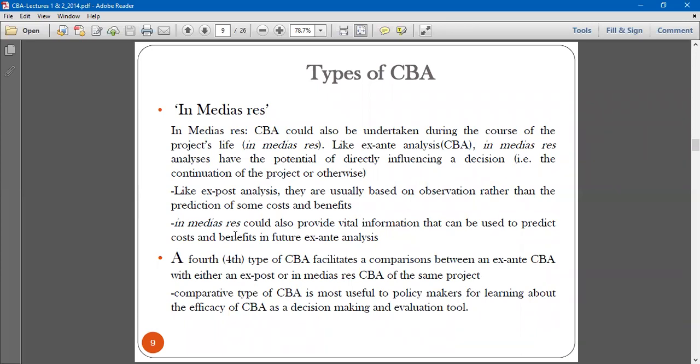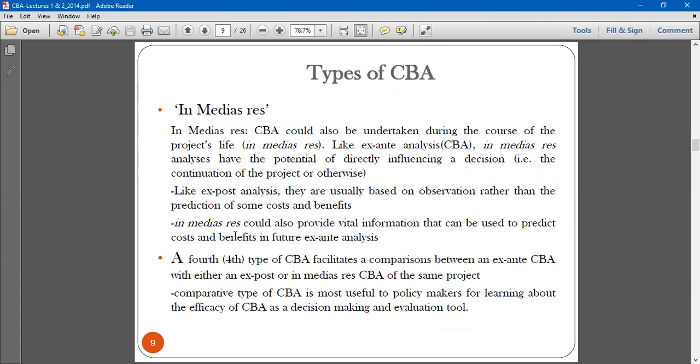And now the fourth type is like they use it to compare ex-ante with either the ex-post or the in medias res. So maybe before the starting of the project, we did ex-ante, and then we predicted a certain stream of benefit and then cost. Now the project is over. We've done ex-post.